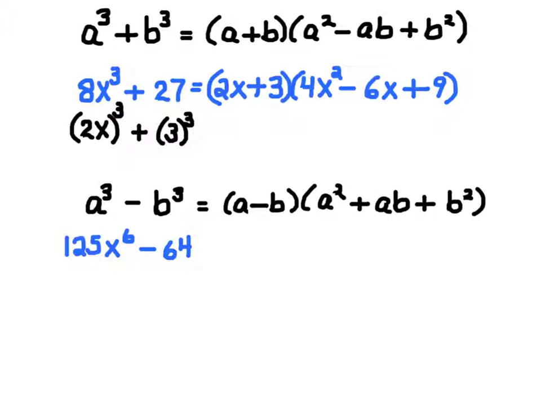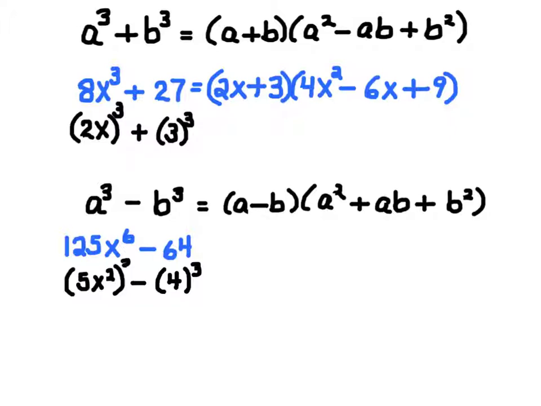My first cube is 5x squared all cubed. Because 5 cubed is 125 and x squared cubed is x to the 6. And this is minus, and 64 is 4 cubed.